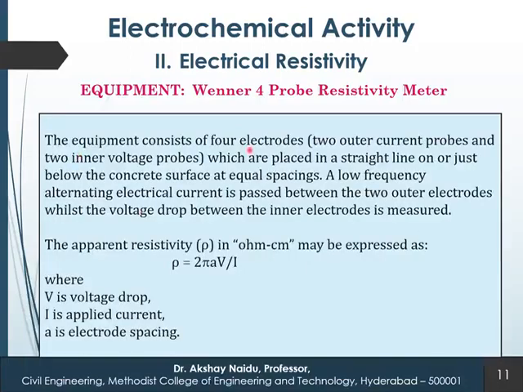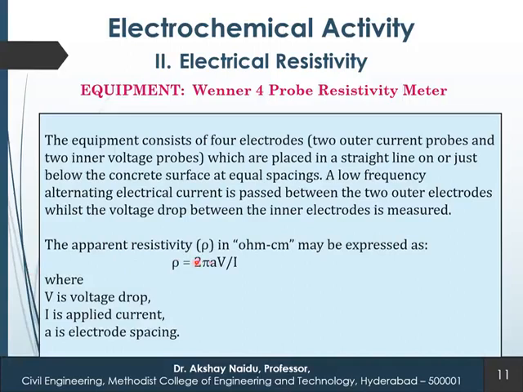So the equipment consists of 4 electrodes, 2 outer current probes and 2 inner voltage probes, which are placed in a straight line on or just below the concrete surface at equal spacings. A low frequency alternating electrical current is passed between the 2 outer electrodes, while the voltage drop between the inner electrodes is measured.